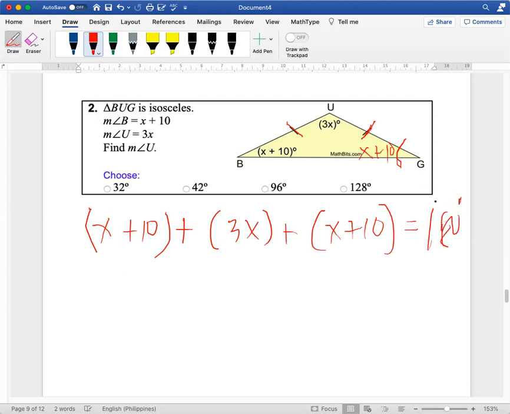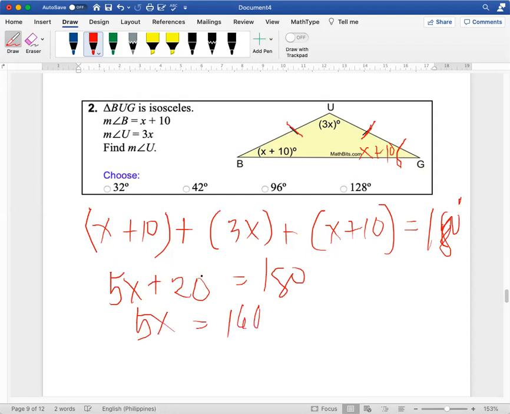Let's simplify these expressions. We have 5x plus 20 is equal to 180, and 5x is equal to 160. I transposed 20 to the other side and simplified. So x is equal to 32. Correct? Okay, so x is equal to 32.